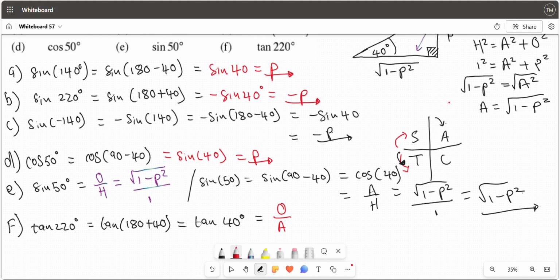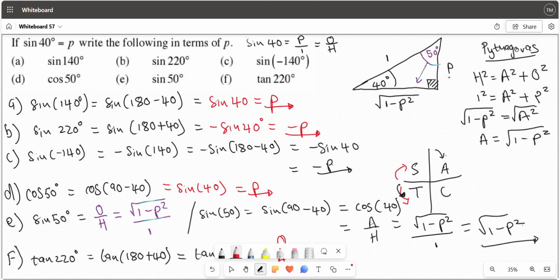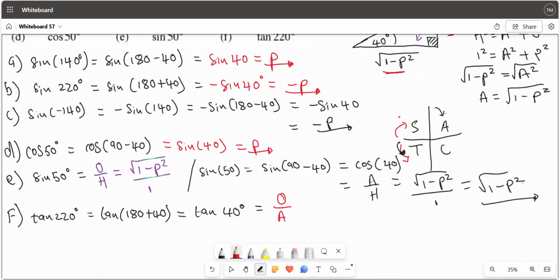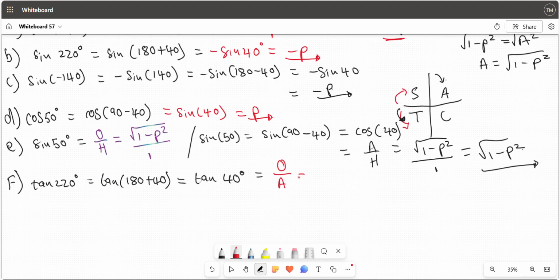So I go on to my diagram. This is my opposite if I'm standing at 40, and this is my adjacent. So you end up with p over the root of 1 minus p squared. This is your final answer.